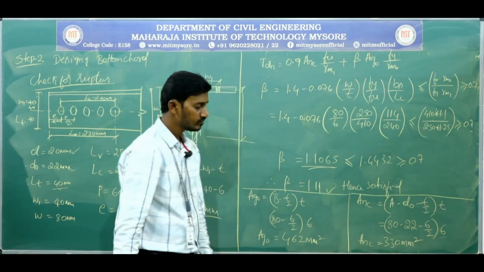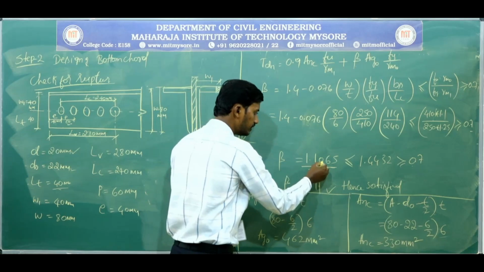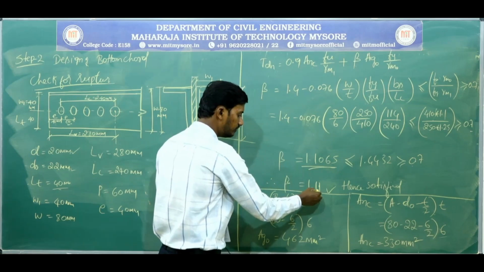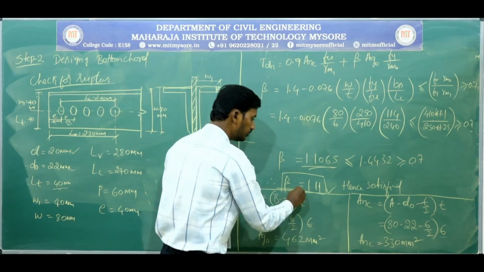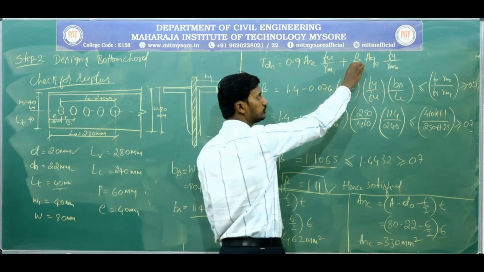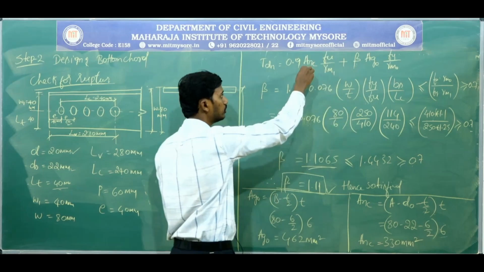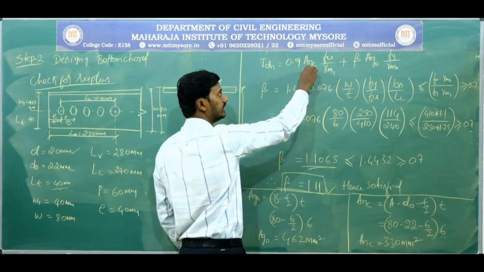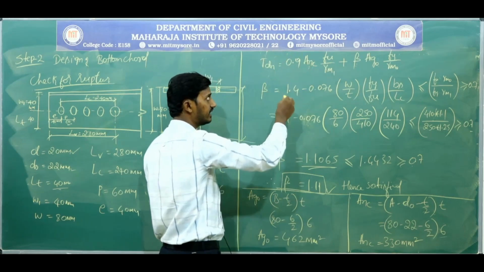Yes, it is satisfied, right? So if I round off this value to 1.11, the final beta value will be 1.11 I can use here.